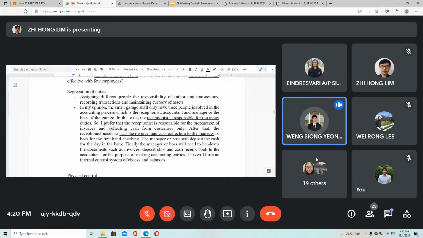So for this question, the first internal control system is the segregation of duties. Segregation of duties is to assign different people the responsibility of authorizing transactions, recording transactions, and maintaining custody of assets.